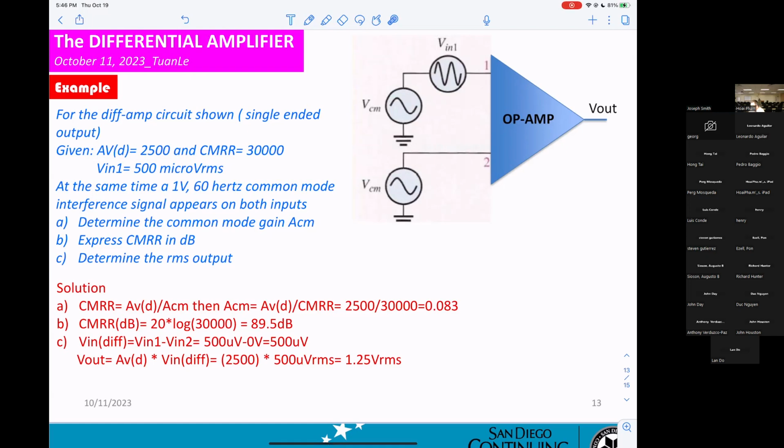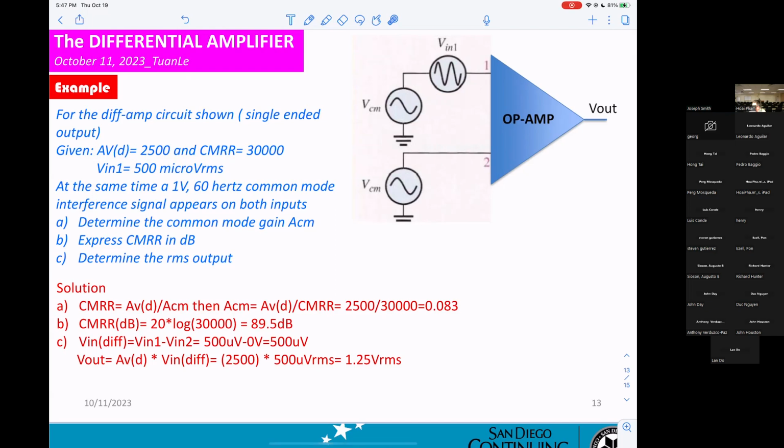AVD, differential gain, 2500. Common mode rejection ratio 30,000. Vin1 is 500 microvolts, Vin2 is 500 microvolts.